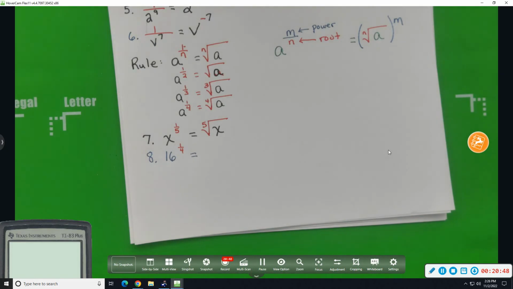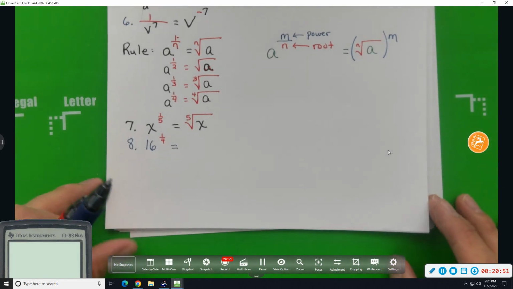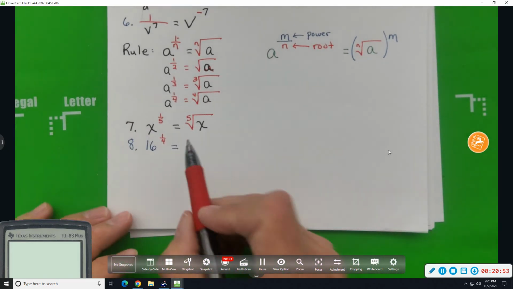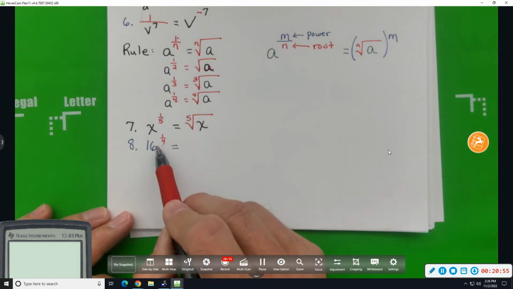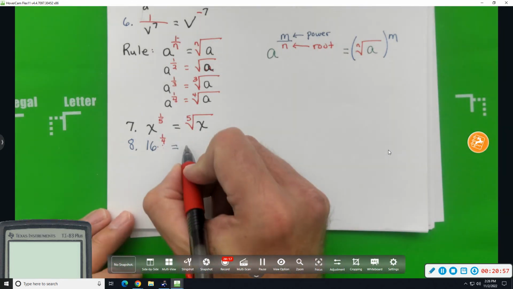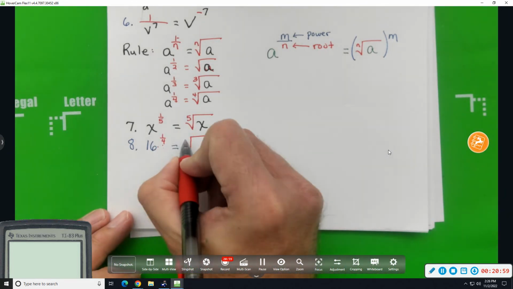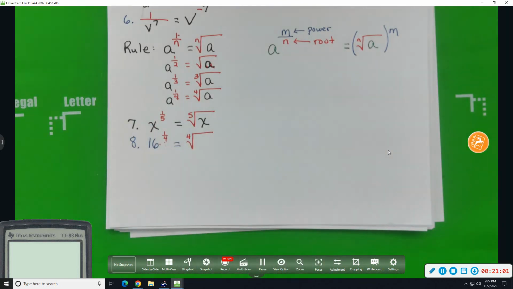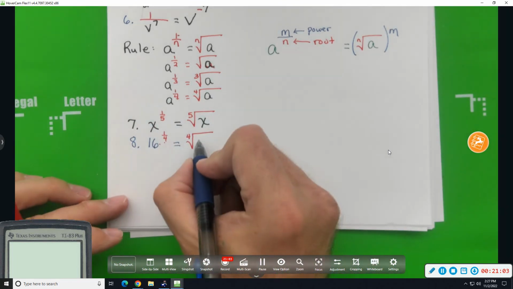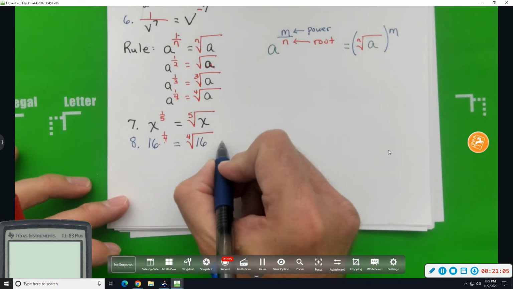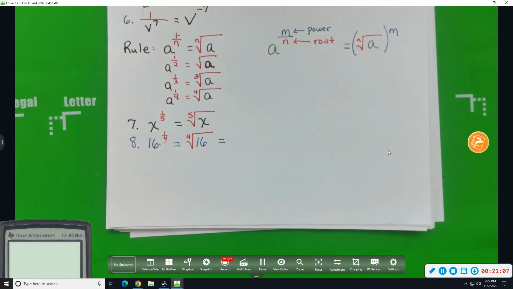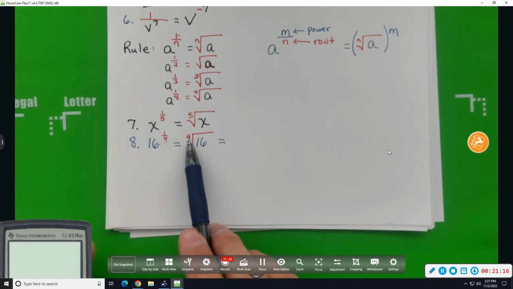Well, the 1/4 exponent is a 4th root. So we have the 4th root of 16. Now don't say 4. This is something we can figure out just by thinking about multiplication. What number could we multiply 4 times to get 16?